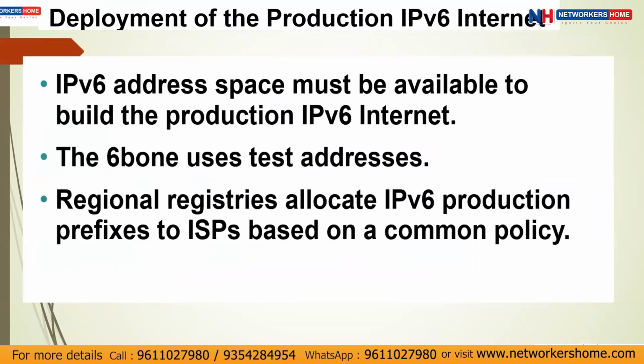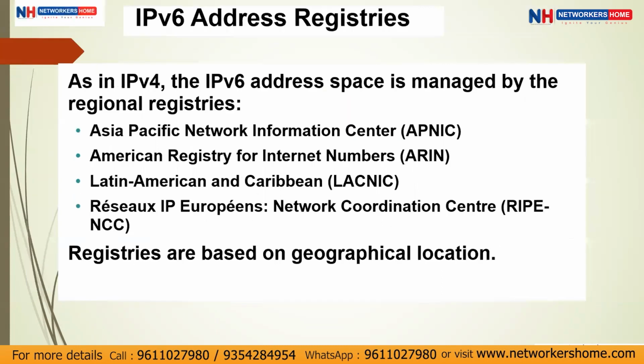For deployment of a production IPv6 internet, IPv6 address space must be available to build it. The 6bone uses test addresses. Regional registries allocate IPv6 production prefixes to ISPs based on a common policy.